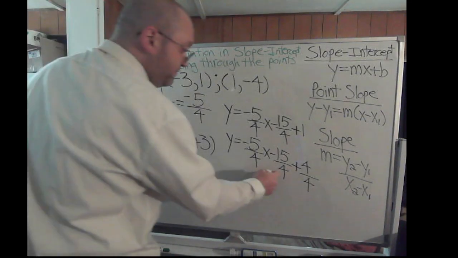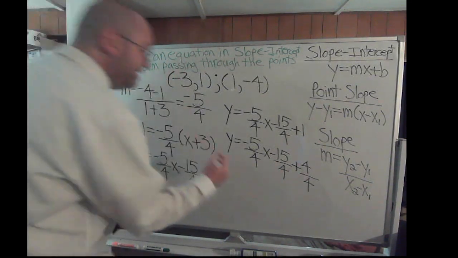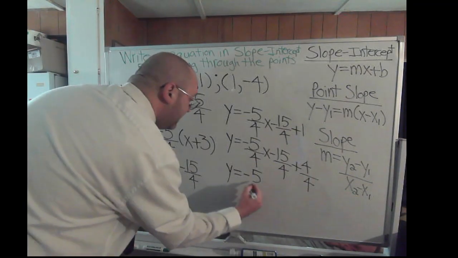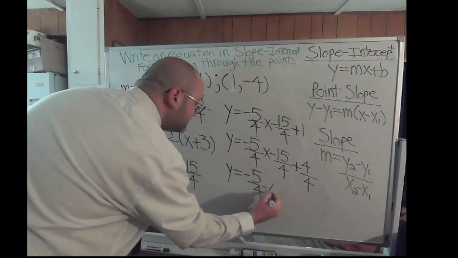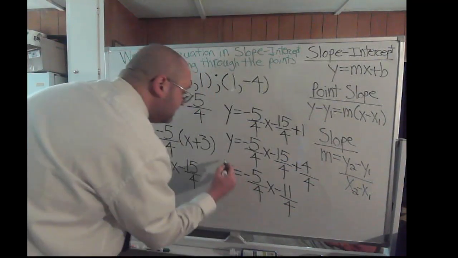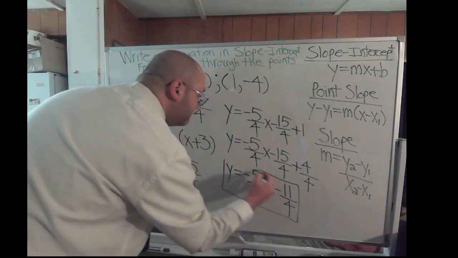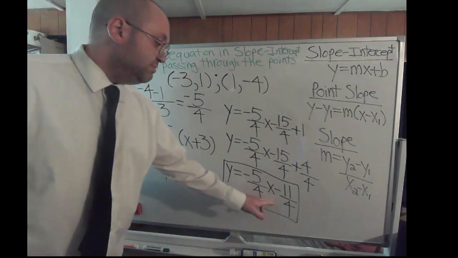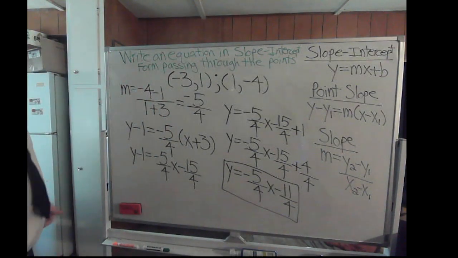Negative 15/4 plus 4/4, that gives you negative 11/4. So y equals negative 5/4 x minus 11/4. That would be the slope-intercept form of this equation.